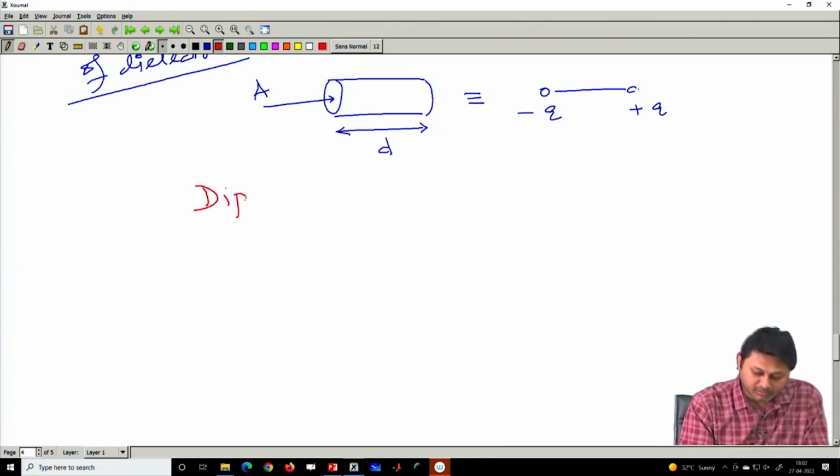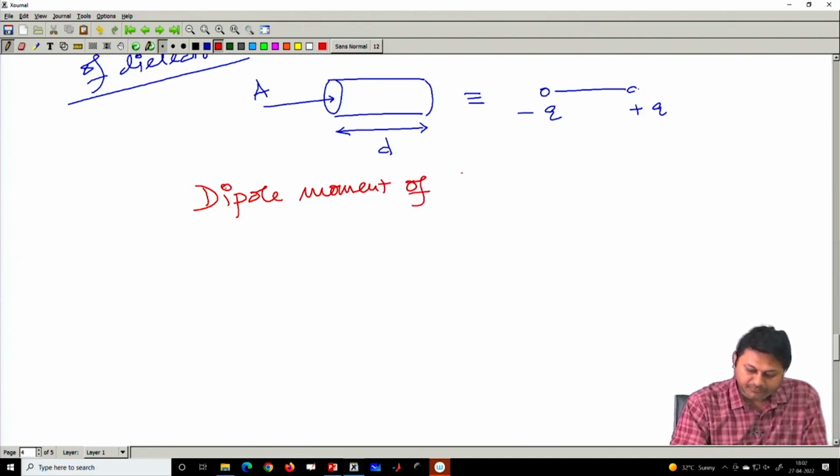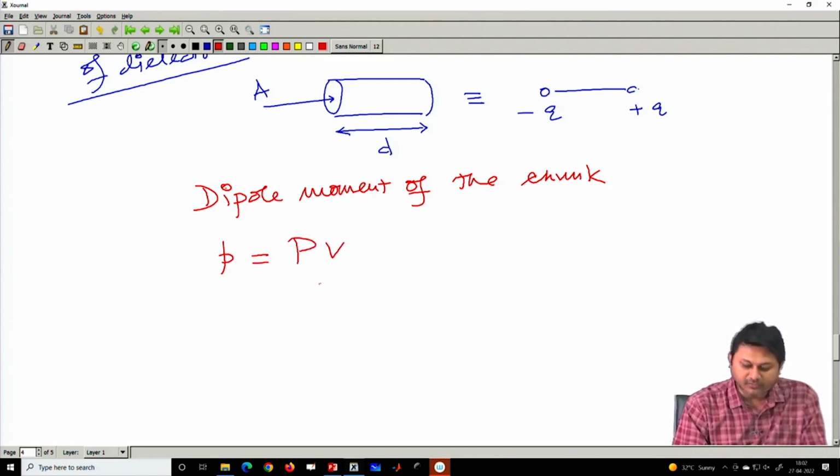So, the dipole moment, if I want to calculate it, I make it an equivalent dipole because of this leftover charge. The dipole moment of the chunk is simply P equal to P V, where V is the volume and P is the dipole moment per unit volume.